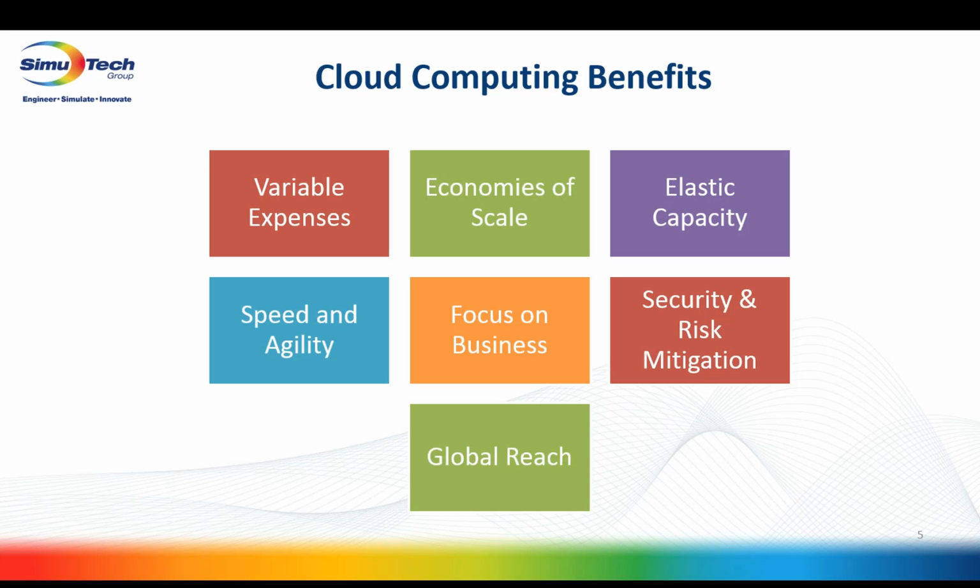There are also economies of scale as a benefit. That means you're taking advantage of this huge investment using state-of-the-art equipment, standards and security, and you only need a slice of it, so you get the benefit of what Amazon and other cloud computing providers are doing in terms of their scale and capacity.